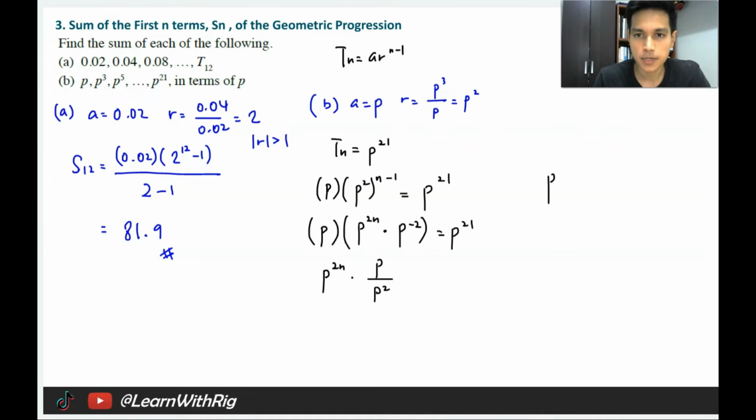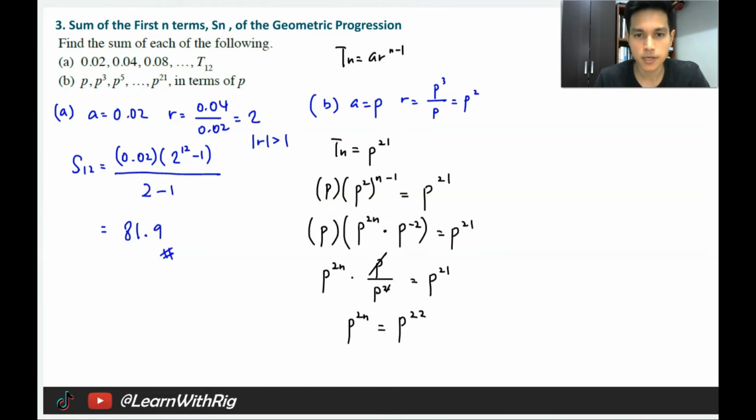Remember, P to the power negative 2 is the same as 1 over P squared. The negative means fraction. So here you can simplify and it becomes P to the power 2n equals, the P here I can bring forward, so I get P to the power 22.